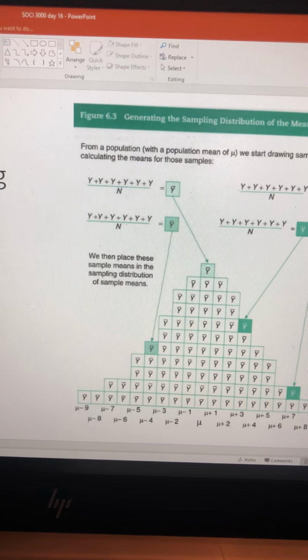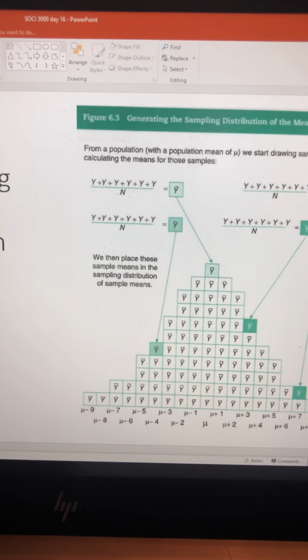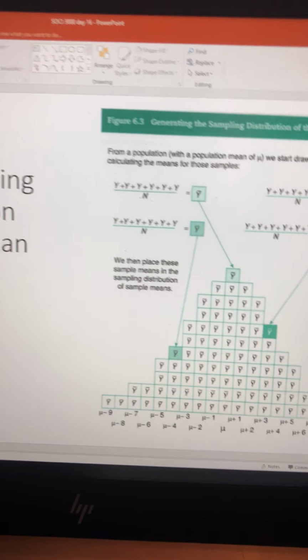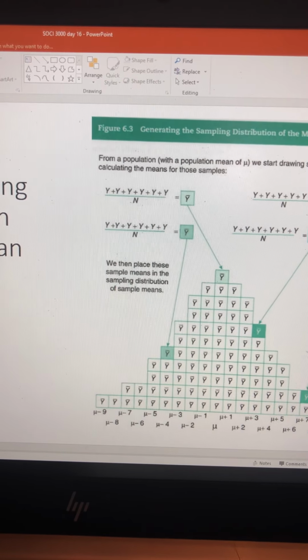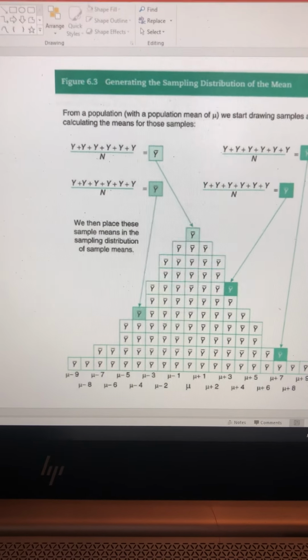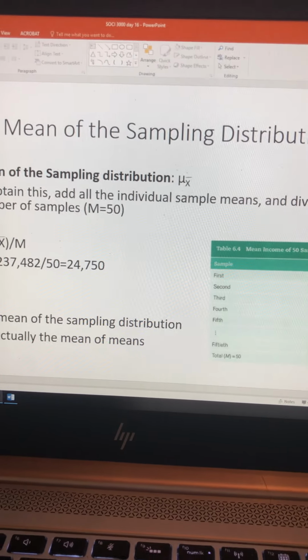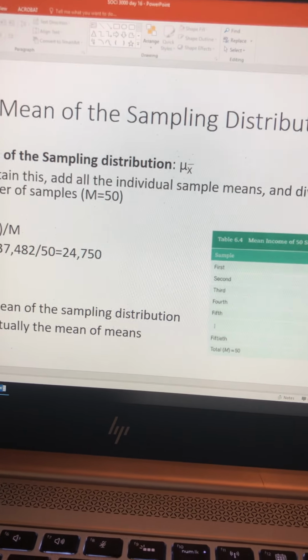Well, we could take the average, the mean, which would be the collective average of all the means, which I know sounds kind of silly, but think about taking the mean of the sample means.